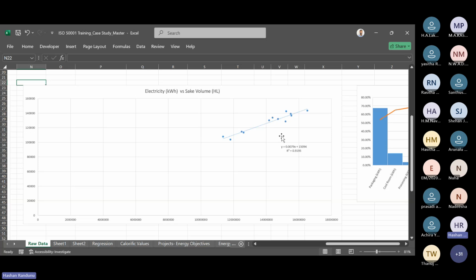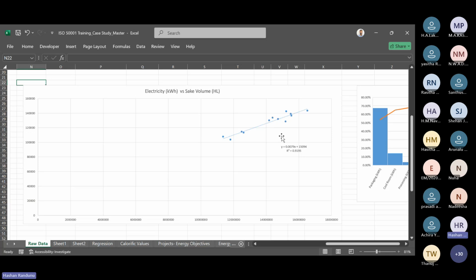If you get a single or multivariable regression model, then the value you take from the theoretical calculation, from your defined energy model, would be the baseline. Which means you compare your current actual energy performance against the theoretical value.